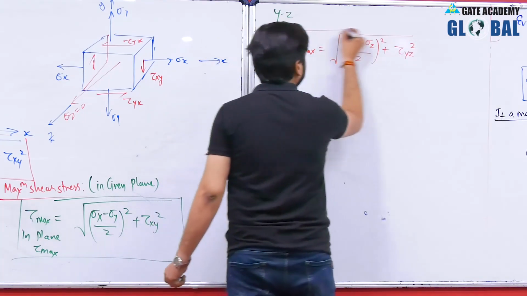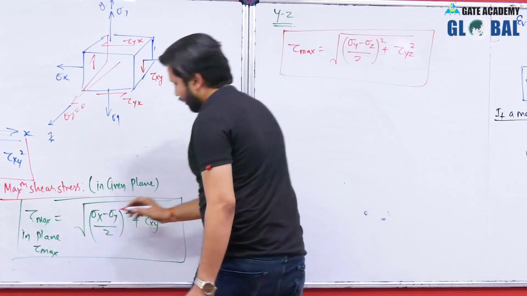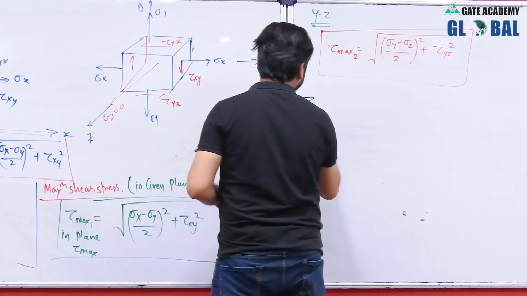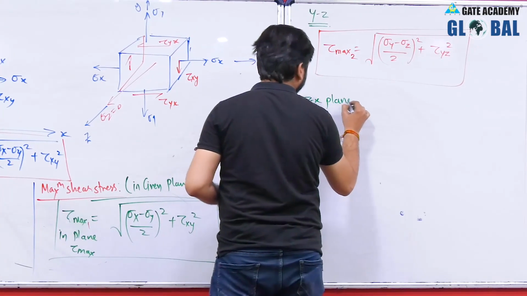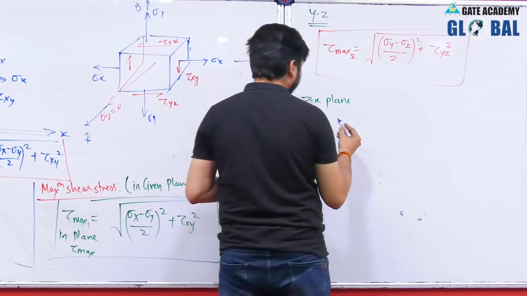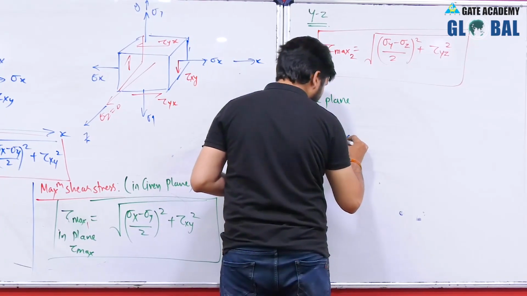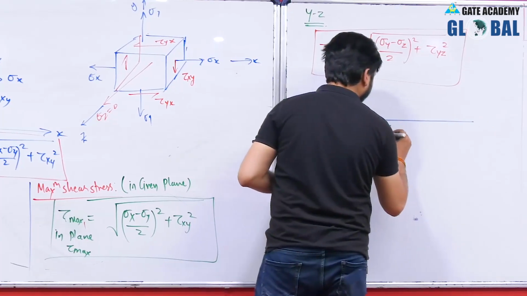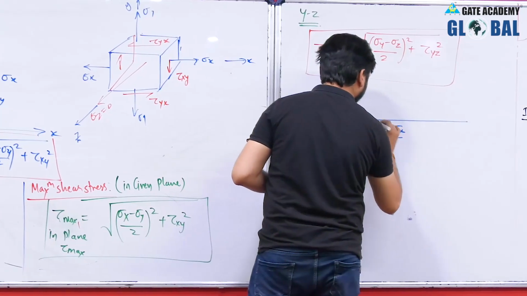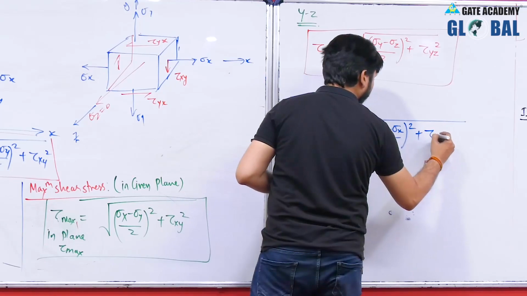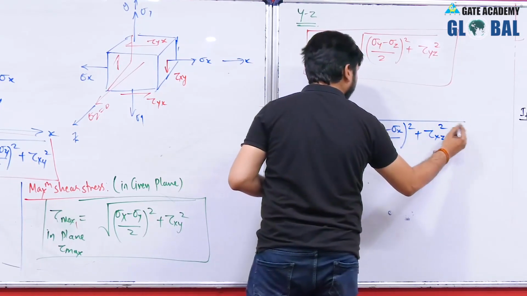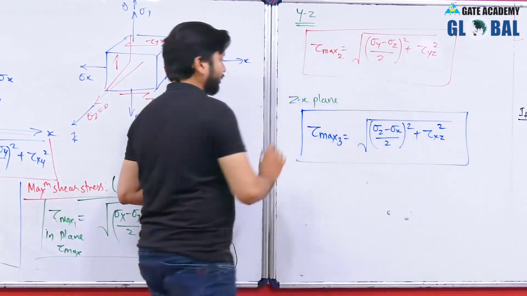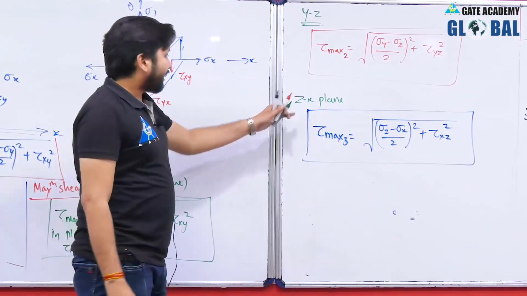You will have another value. Let us say this is tau max 1, this is tau max 2. Then for zx plane, you will have tau max 3 equal to root over ((sigma z minus sigma x) by 2) whole square plus tau zx square. So, this is the shear stress acting in the zx plane.